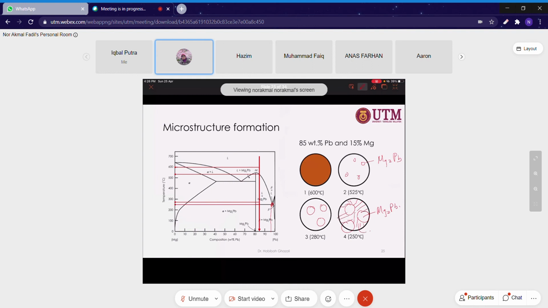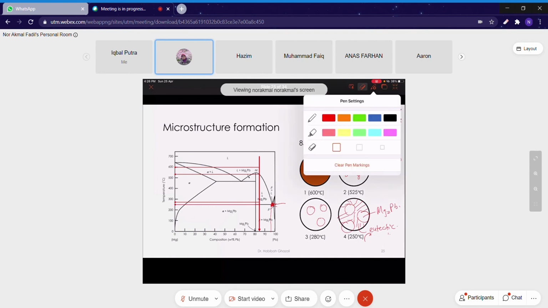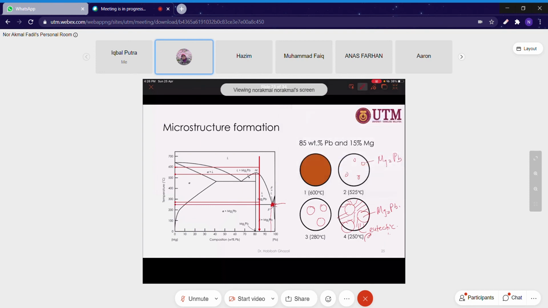So eutectic structure is coming from this eutectic point, where what you can see is a lamella of alpha plus beta, or a lamella of beta plus Mg2Pb.